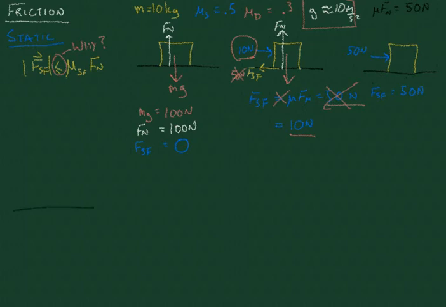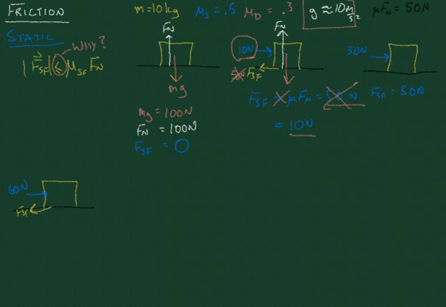So now, if I start to push just a little bit harder, so now I'm applying a force of 60 newtons. Once again, the normal force hasn't changed, the gravitational force hasn't changed. We have now a static frictional force.